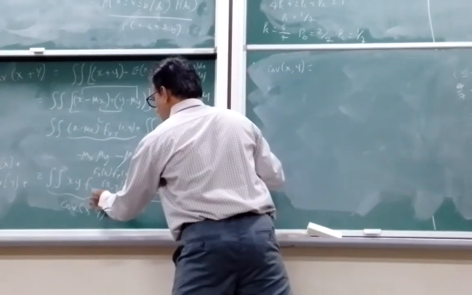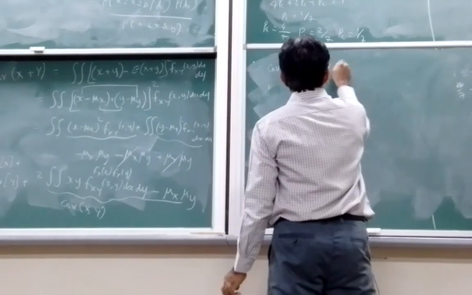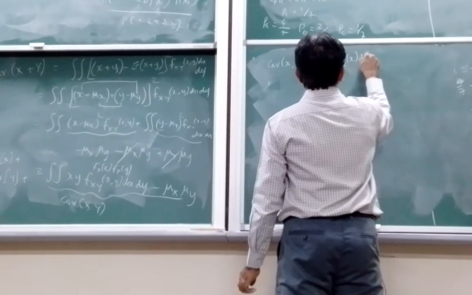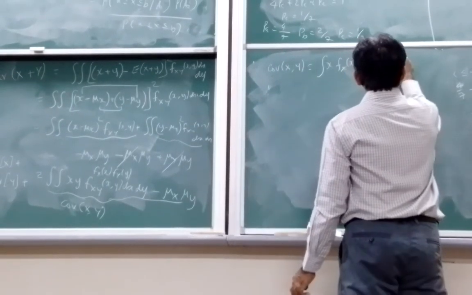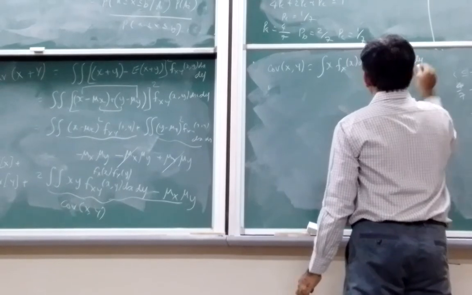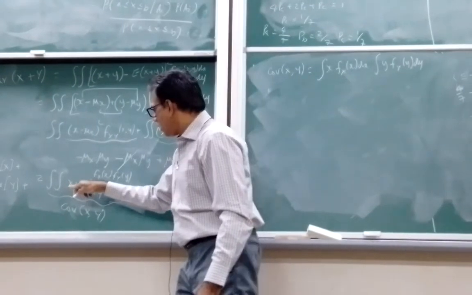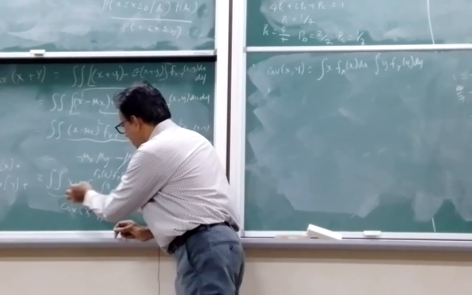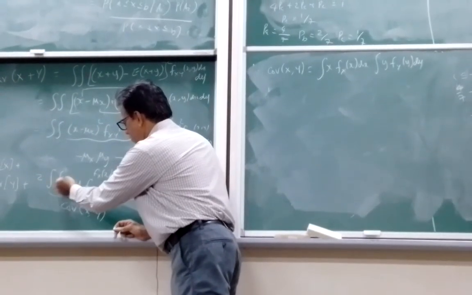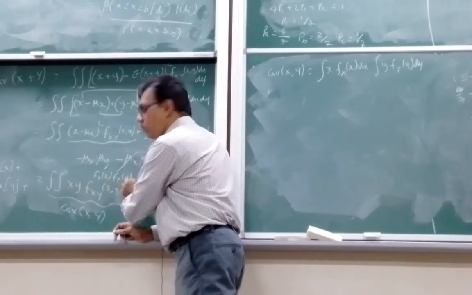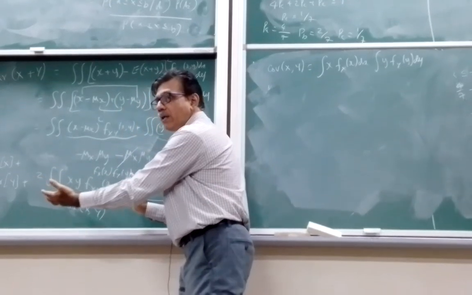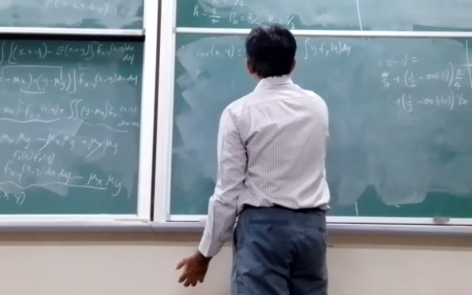So if you look at this one, if you factorize it, x into fx of x dx, y into fy of y dy, it becomes like this because this factorizes. Then you can separately take x fx of x dx, and then y fy of y dy. Separately two things can be taken. This is E of x.